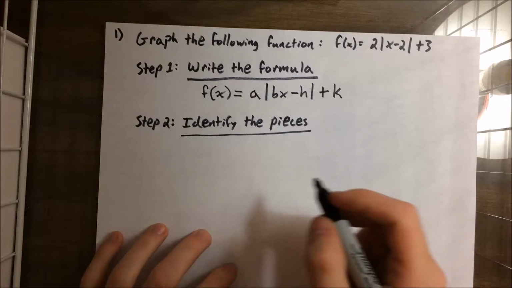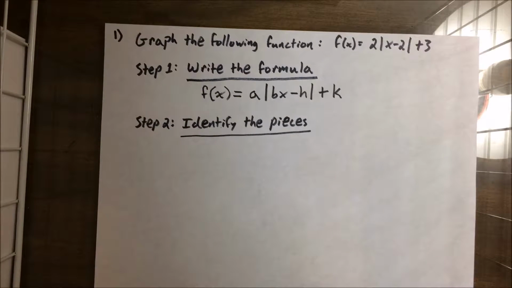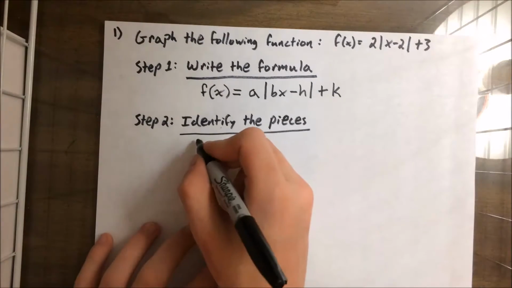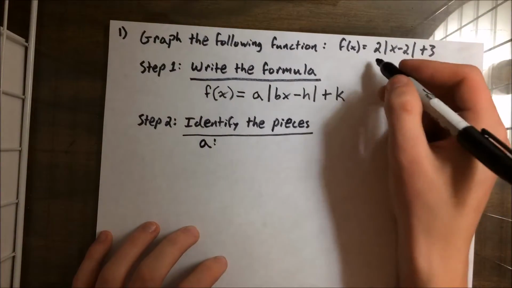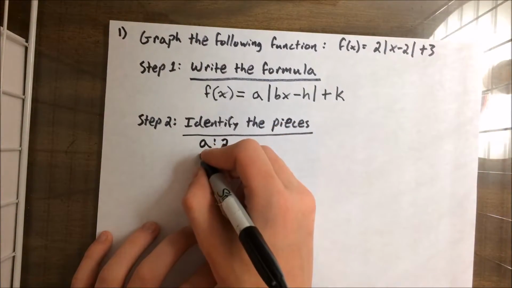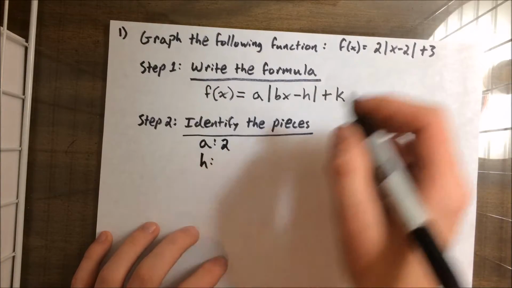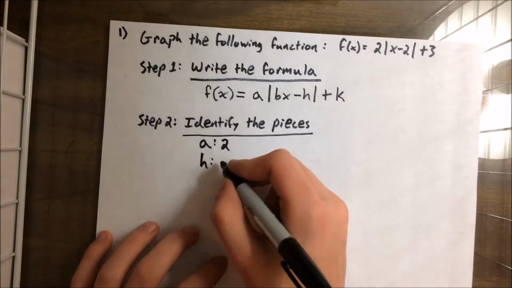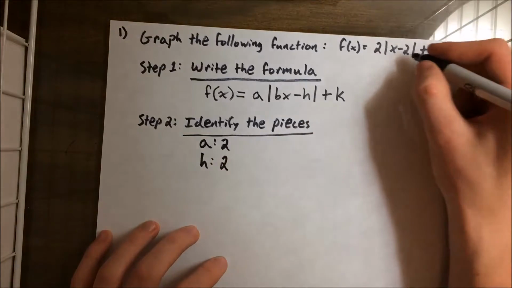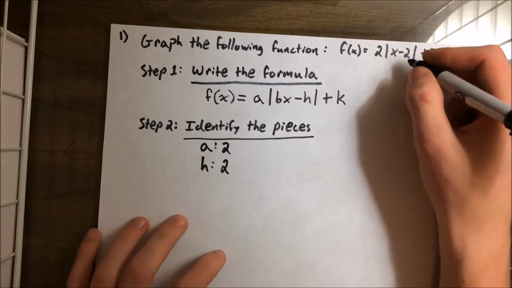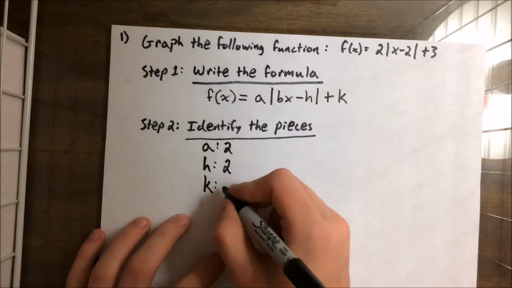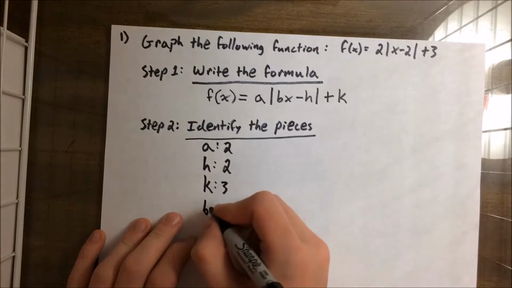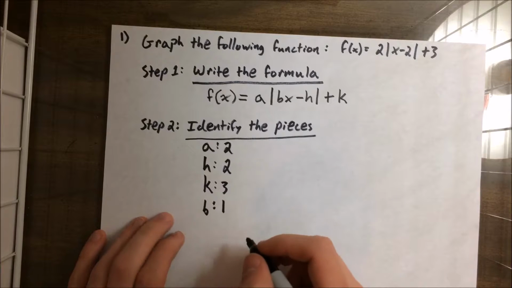Alright, so in step 2, we're going to identify the pieces. So in this part, we're going to identify that a is 2, h is also 2, because remember it's the opposite sign. k is 3, and b is 1.